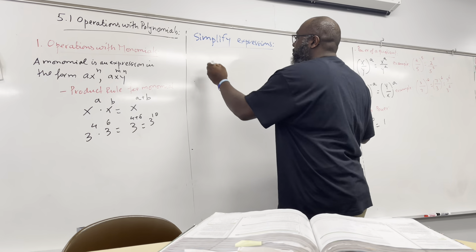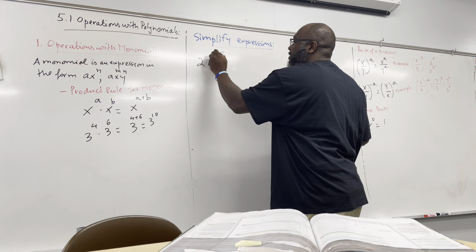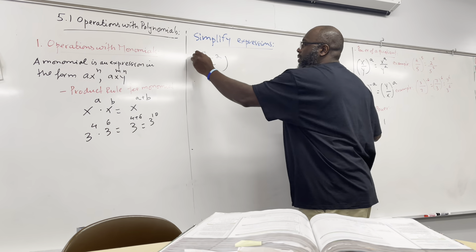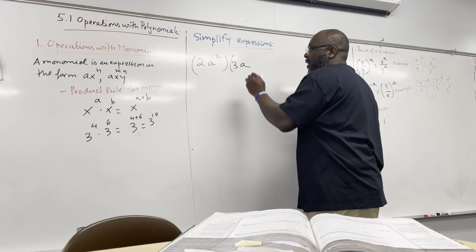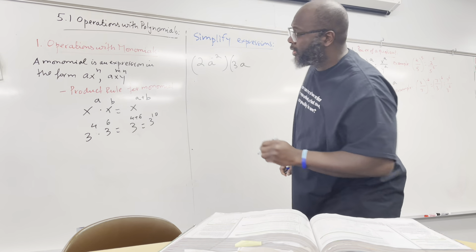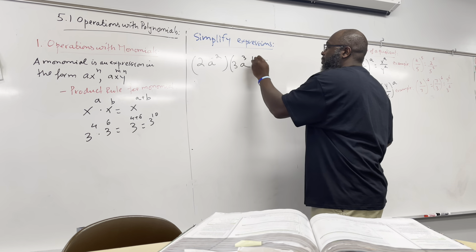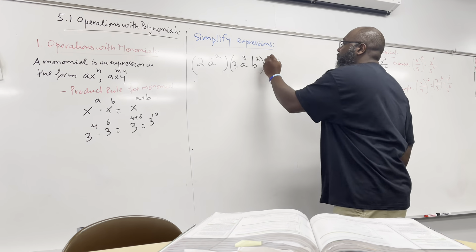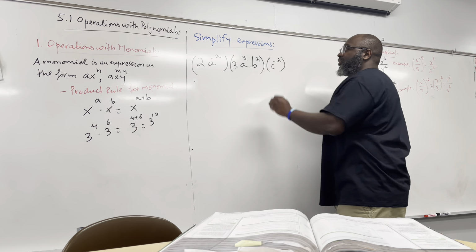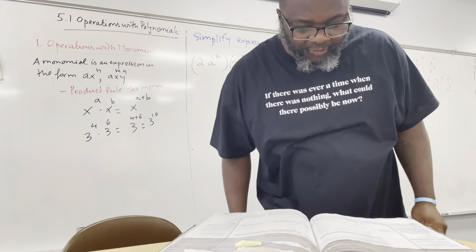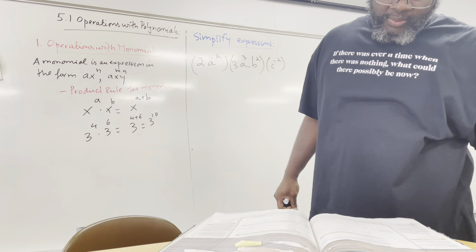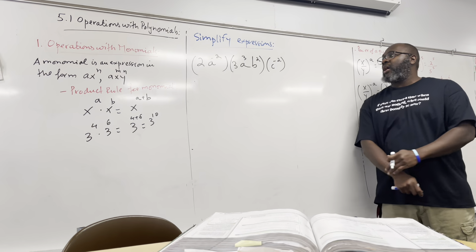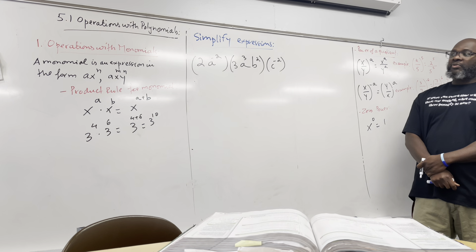If I have 2a raised to the power of negative 2 times 3a, right, you just substitute, b, and then b squared, and then c to the negative 2. It gets complicated fast. And they want us to simplify this expression, right? So I'm looking at it, and I can simplify this.